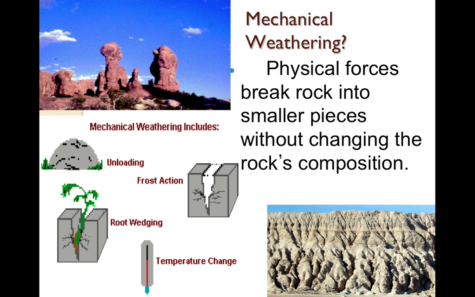So, mechanical weathering can be defined as physical forces breaking rock into smaller pieces without changing the rock's composition. Each new piece has the same composition as the original rock. While this does not change the rock's composition, it does increase the surface area.